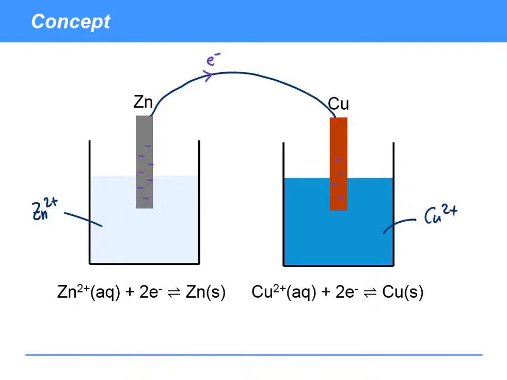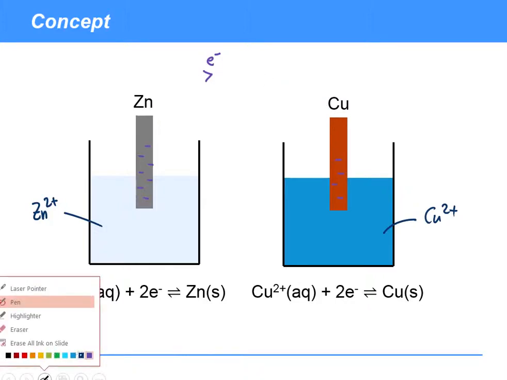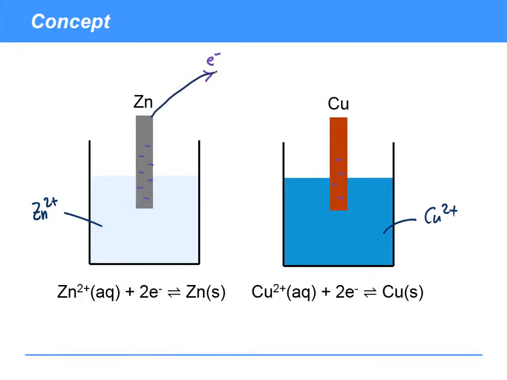And the basic idea here then is that we can actually use these electrons to do some electrical work. So we don't just need a wire, we could have a wire with some components on. So for example we could just have a wire here with a bulb sitting on it.